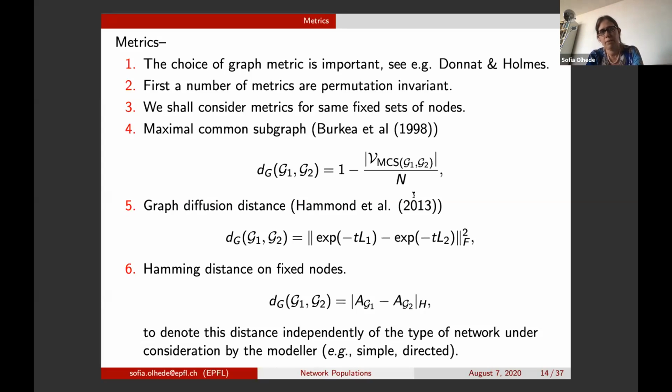So most of the developments in this talk are going to take a sort of cheap way out of this. We're going to assume metrics where we have the same fixed set of nodes. So this is realistic, for instance, if you have regions in the brain, but it would not be realistic in some other settings where you might want to consider one social interacting network, say at Caltech, and you want to compare it to Imperial.